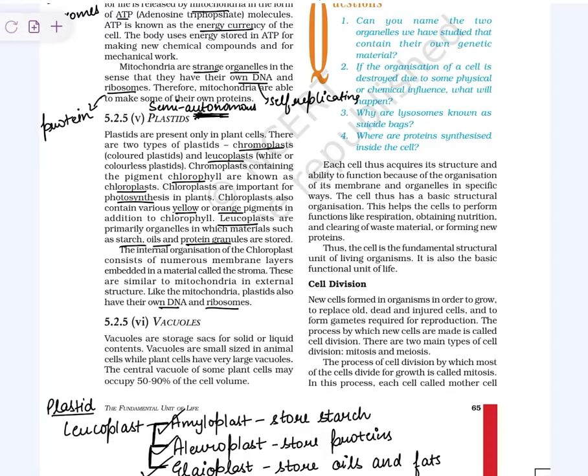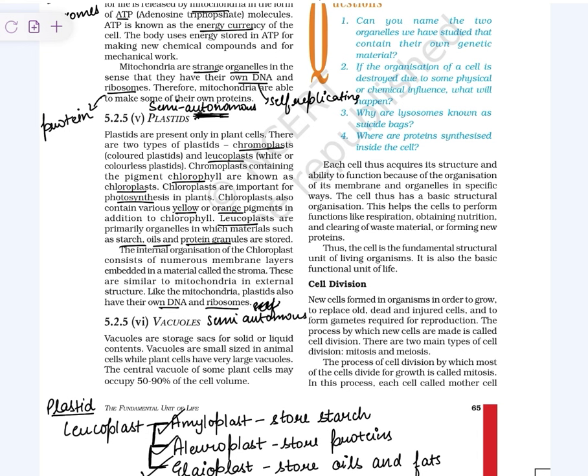Chloroplast also has its own DNA and ribosomes, right? Because it is a plastid, right? So it is also a semi-autonomous organelle.